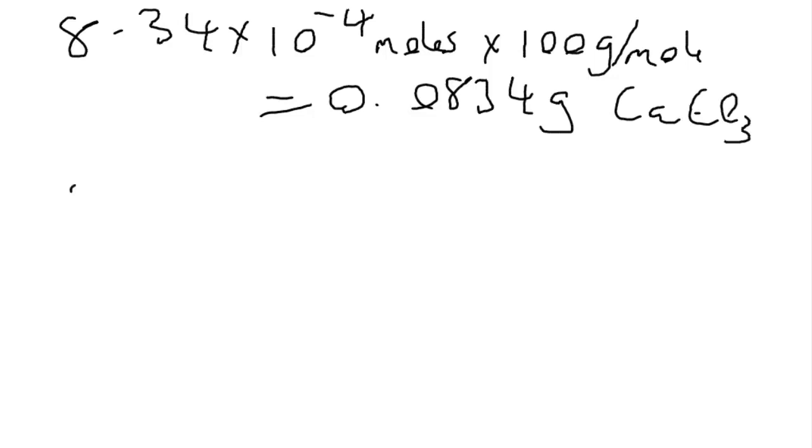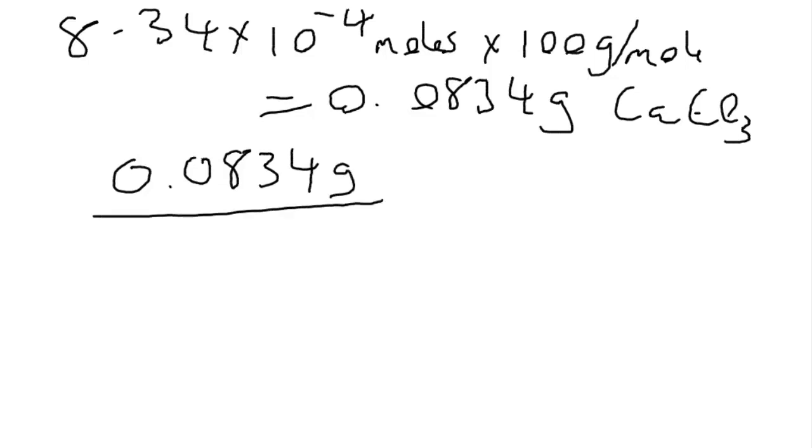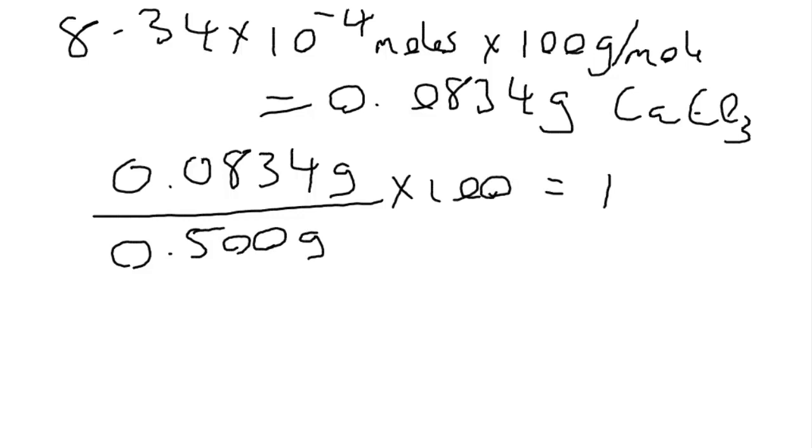And to get a mass percent, we just divide that by the mass of the sample. The mass of the sample was 0.5 grams. Multiply that by 100 to get a percent. And we end up with 16.68%.